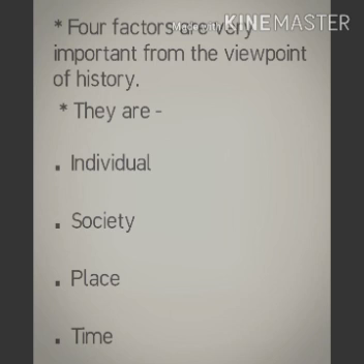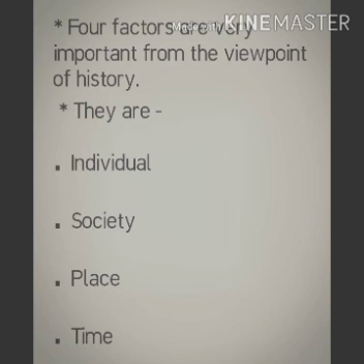Take an example of ancient Indian history which you studied last year in Standard 6th. How did these 4 factors help you while studying ancient history? As ancient Indian history describes the beginning of human civilization, we studied many dynasties which were ruled by different kings.